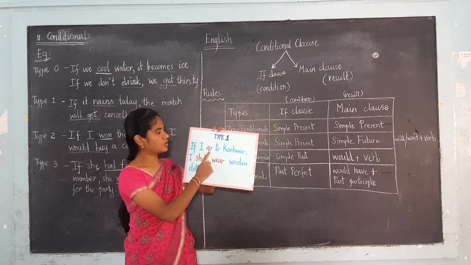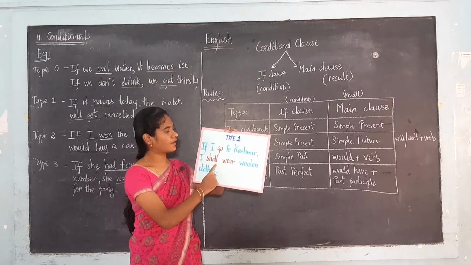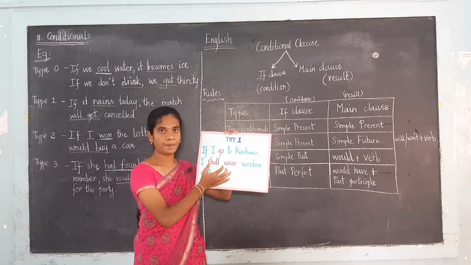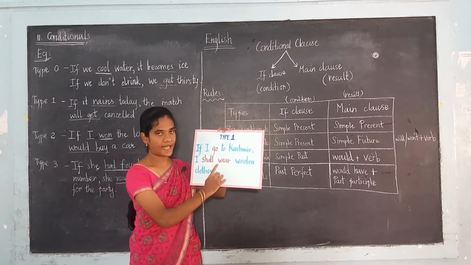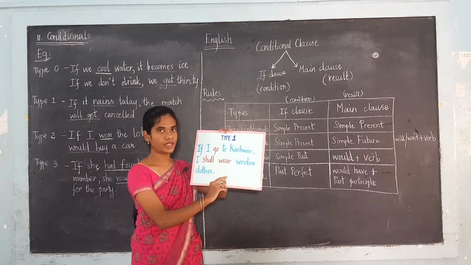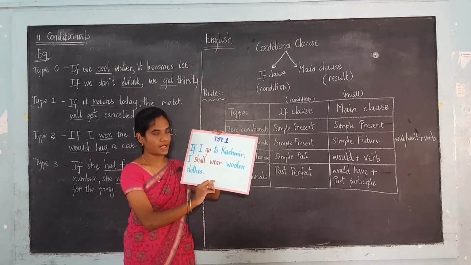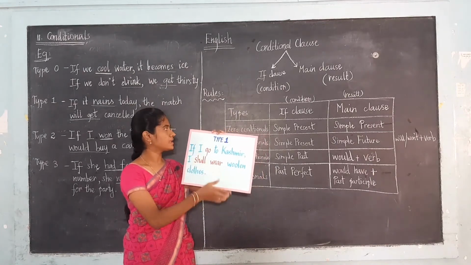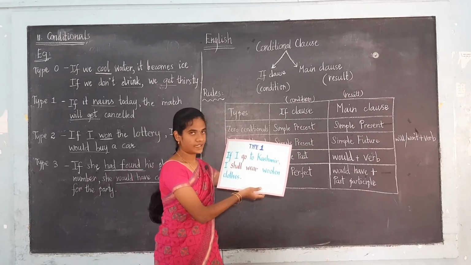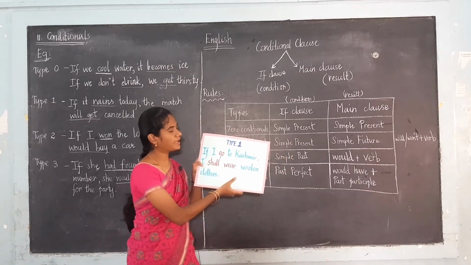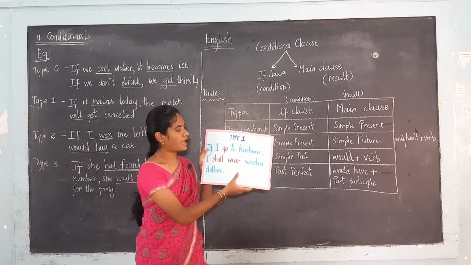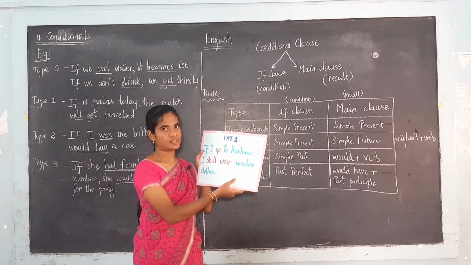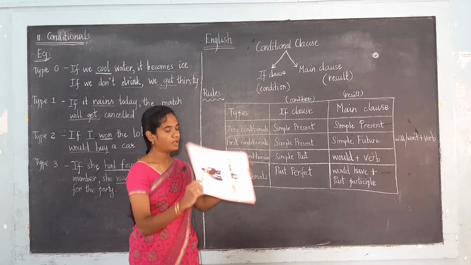I have written go, and in the main clause I have written the simple future, shall wear. So this is an example of the type 1. The if clause is in the simple present tense, and the main clause is in the simple future. If I go to Kashmir, I shall wear woolen clothes. Okay. And this is the picture.